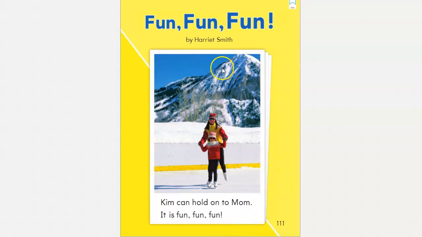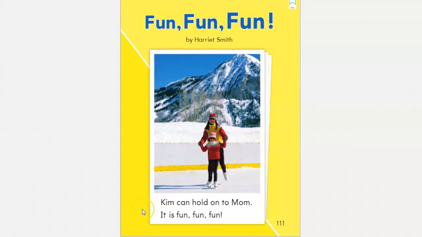So let's look at the picture on the front of our story. We see two people, and it looks like they are ice skating. If we look at their feet, we can see they have some skates on. They are skating on ice, and it looks like it might be very cold because of all of the snow on the mountain and on the ground.